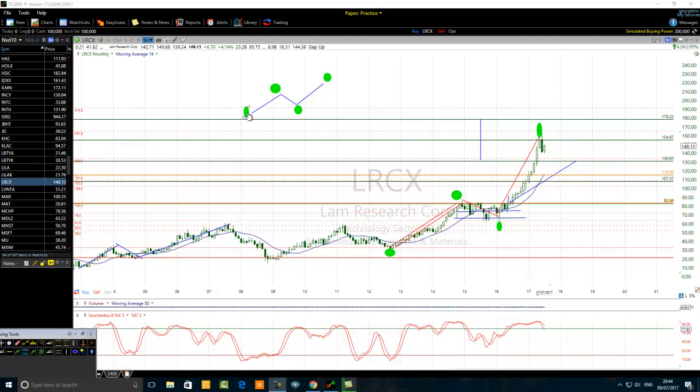This is point A, this is point B, this is point C, this is point D. In theory, the distance from A to B is equal to the distance from C to D. Sometimes we have what we call the ABCD extension, when the distance from C to D is different from the distance from A to B, so there is no equality between the AB and the CD. So check out those web pages so you may understand more about the ABCD chart pattern.